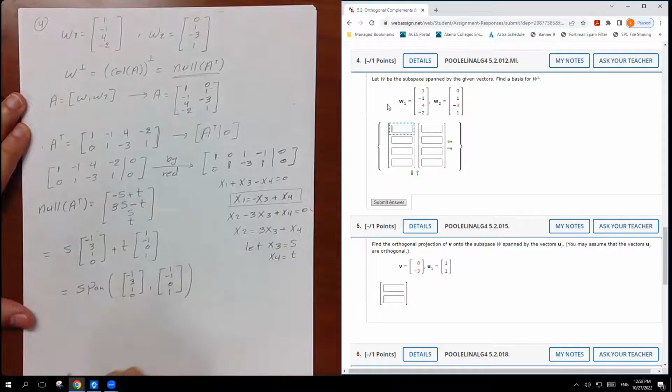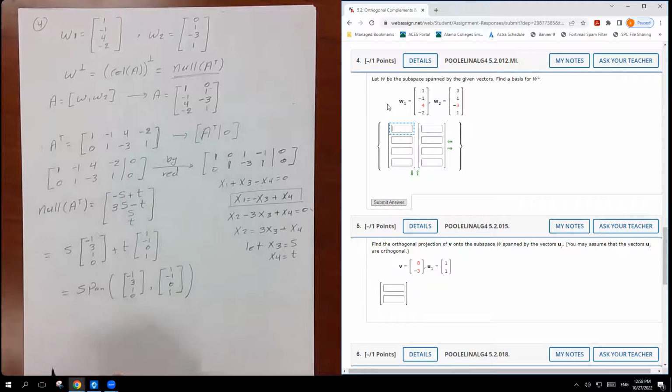That means here is negative 1. Yep. Negative 1, 3, 1, 0, 1, negative 1, 0, 1.